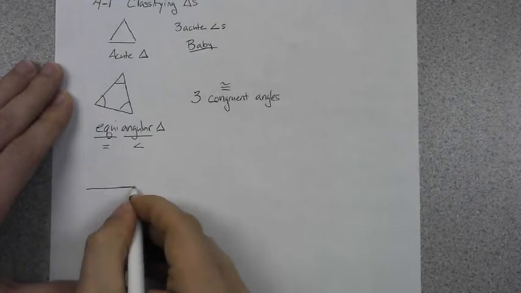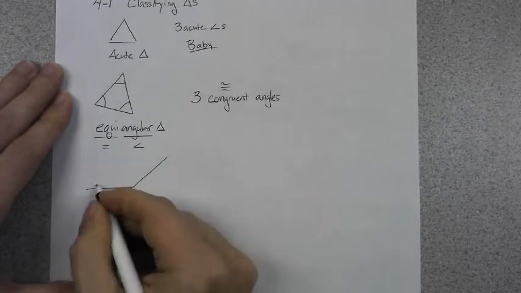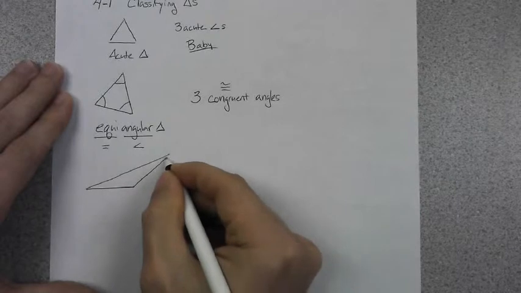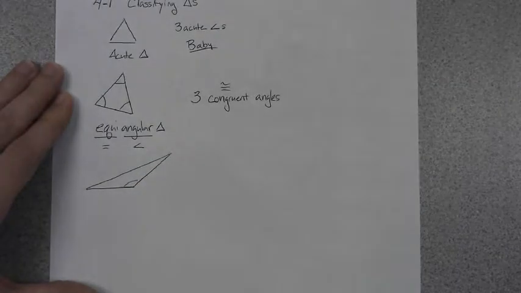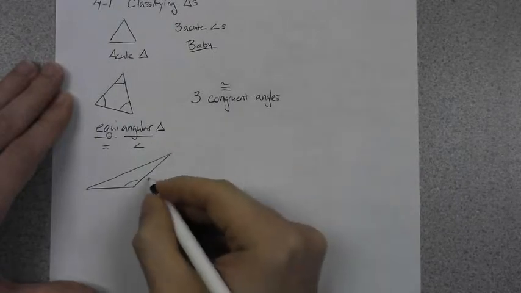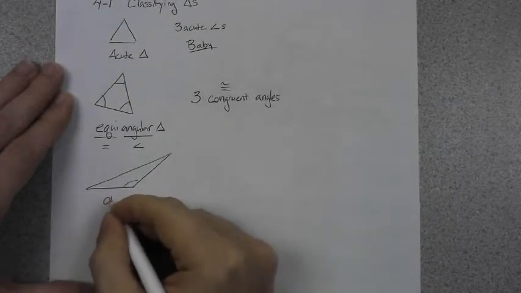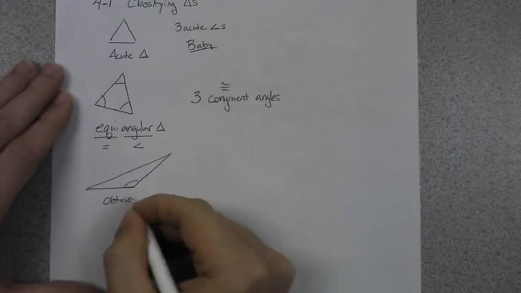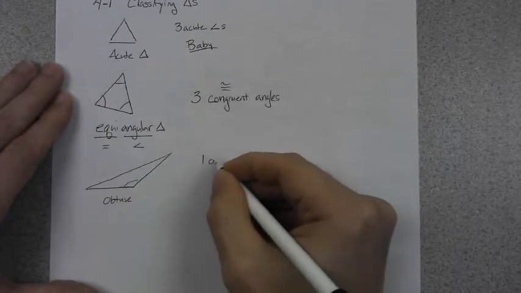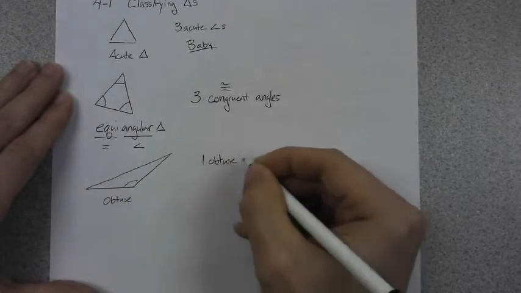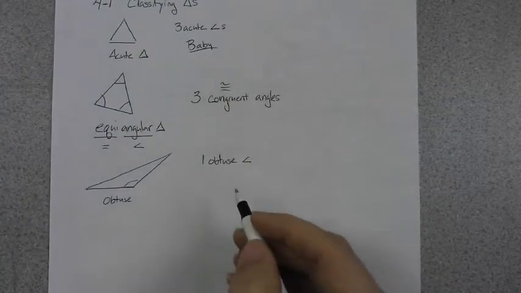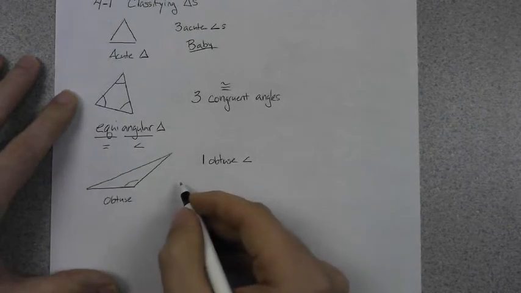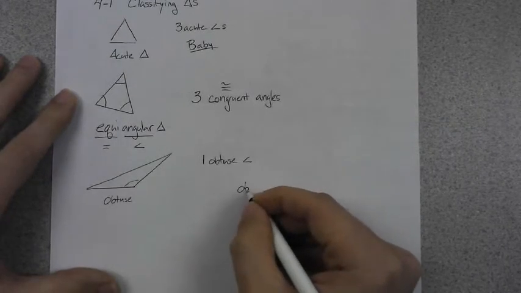Next, obtuse. So remember, an obtuse angle, that's an angle that is greater than 90 degrees. So an obtuse triangle has one obtuse angle. Now, the way that I recommend memorizing this is, think of the word obese.